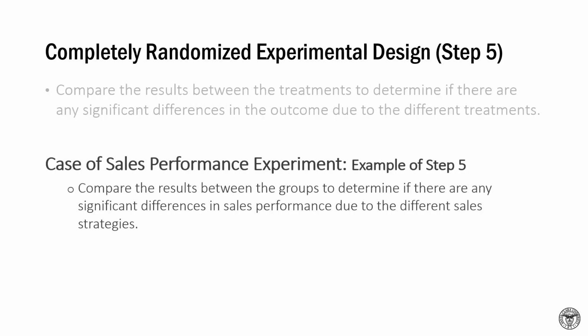For example, in the case of the sales performance experiment, in step 5, the results between the groups need to be compared to determine if there are any significant differences in sales performance due to the different sales strategies. This comparison will help in identifying which strategy performs better than the others, and whether there's a statistically significant difference between the treatment groups.